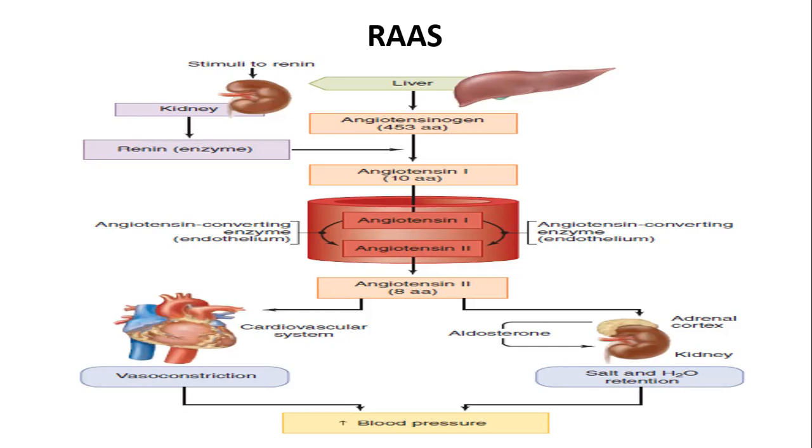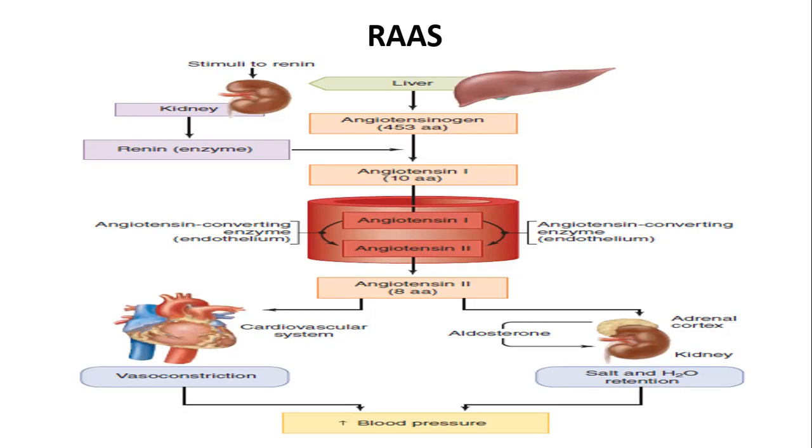Then again, it will go to the brain, okay? In the brain, there's an area called the pituitary, right? There's the posterior and anterior. The posterior pituitary has one function of producing vasopressin, or ADH, antidiuretic hormone.